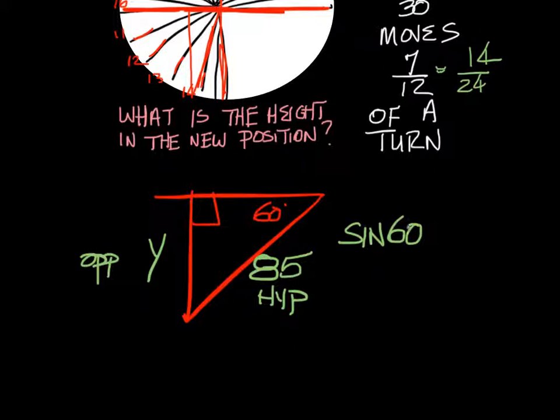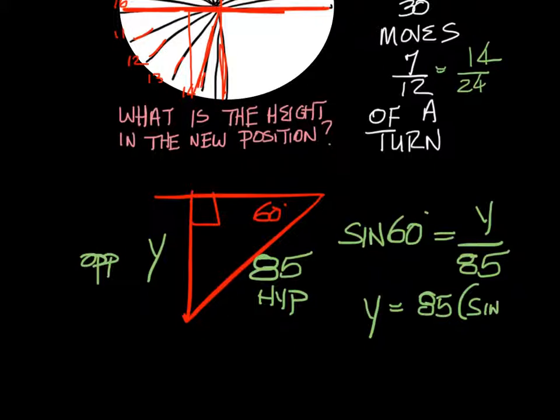So sine of 60 degrees equals y over 85. Cross multiply to get y equals 85 times sine of 60. If you do that in your calculator, sine of 60, and then multiply by 85, you'll come up with a y value of 73.6 feet.